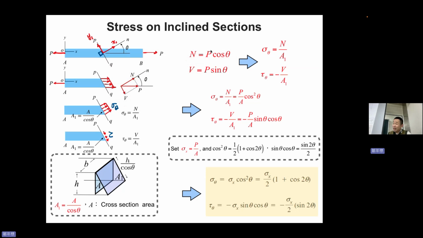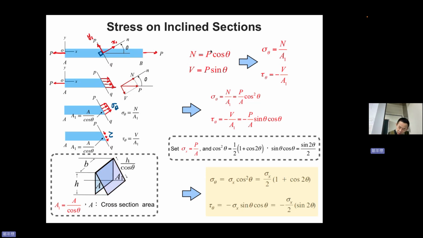And we need to divide by that area, right? The area here is A1, not A, because your A is this one and your A1 is that one. Obviously, A1 is greater than A, right? Here, if B and H are the width and height, A must be B times H. However, you have the oblique or inclined 斜的 section.